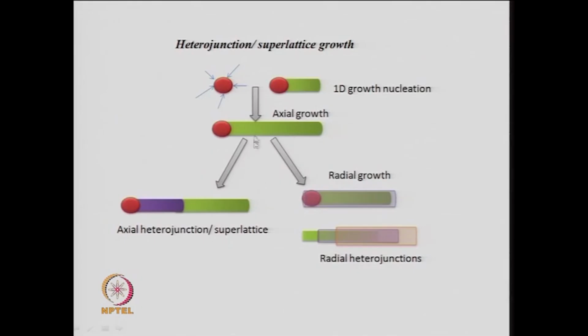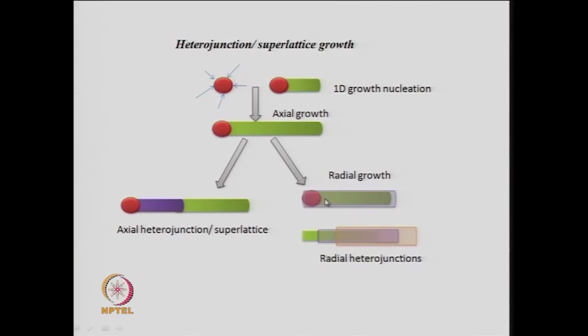Whereas, if you grow something around this nanowire, that means radially you are growing another material, then that is a radial growth. So, the material which you originally had in your nanowire, as shown in green, has another material on top of it like a jacket, and that is the bluish tinge shown here, and that is a radial growth. Now, this can be done several times.